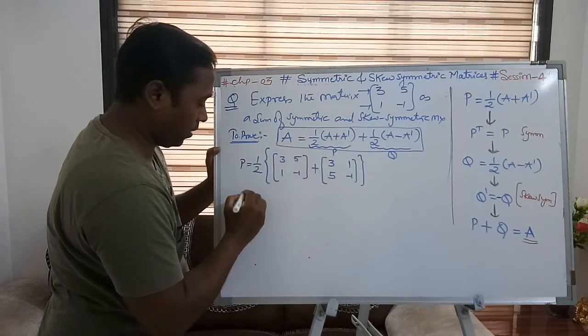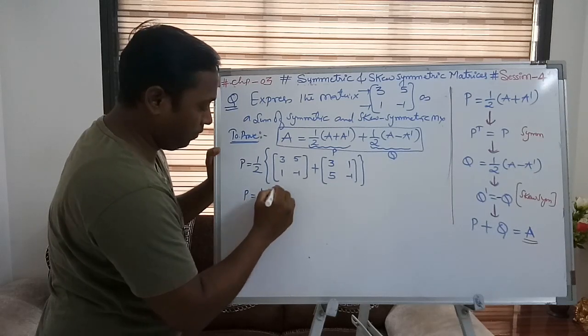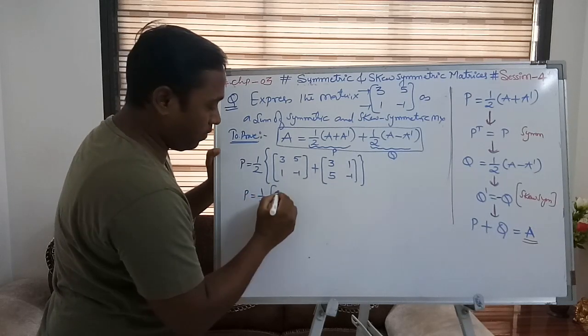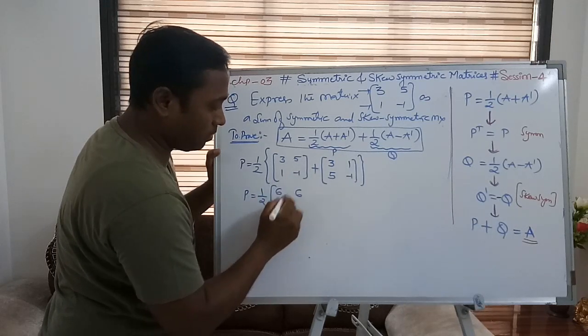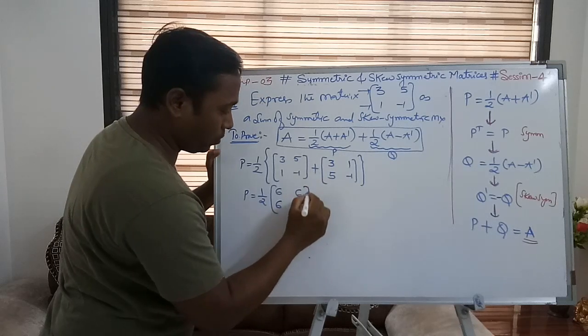Simply solving further, half of 3 plus 3 is 6, 5 plus 1 is 6, 1 plus 5 is 6, minus 1 plus minus 1 is minus 2.